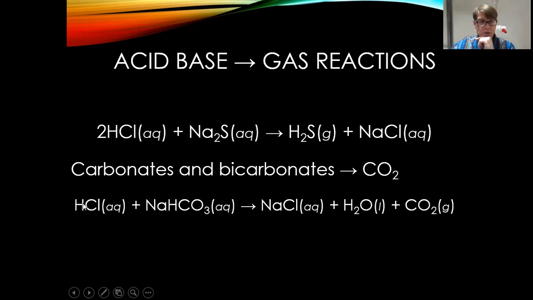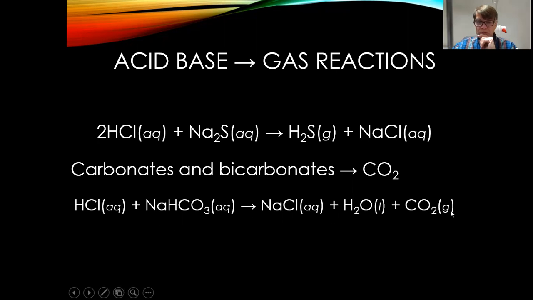And if you take hydrochloric acid and you mix it with sodium bicarbonate, it takes a second to get there, but the end result of the process is usually sodium chloride, which is a salt. There's my salt from the sodium and the chloride, and then water, H2O, and then carbon dioxide.